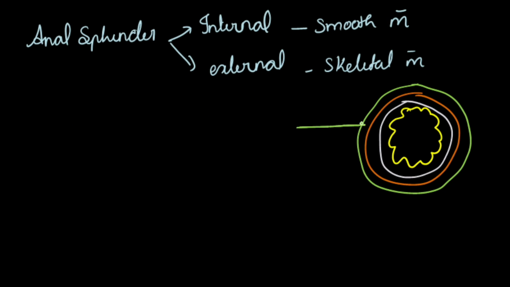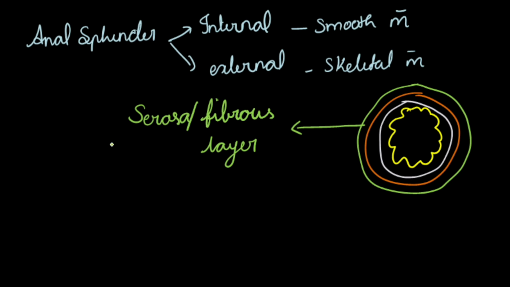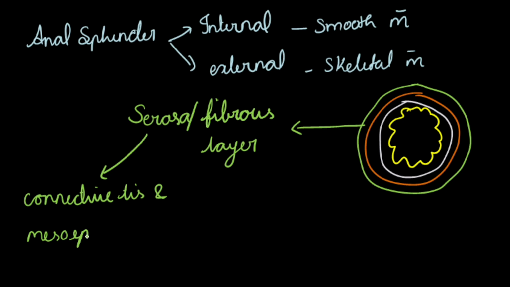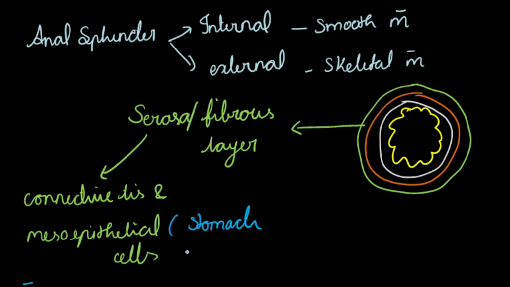So now we are going to discuss the outermost layer, that is serosa or fibrous layer. This serosa is made of connective tissue and mesoepithelial cells, and this serous layer we can see in the stomach, small intestine, and large intestine.